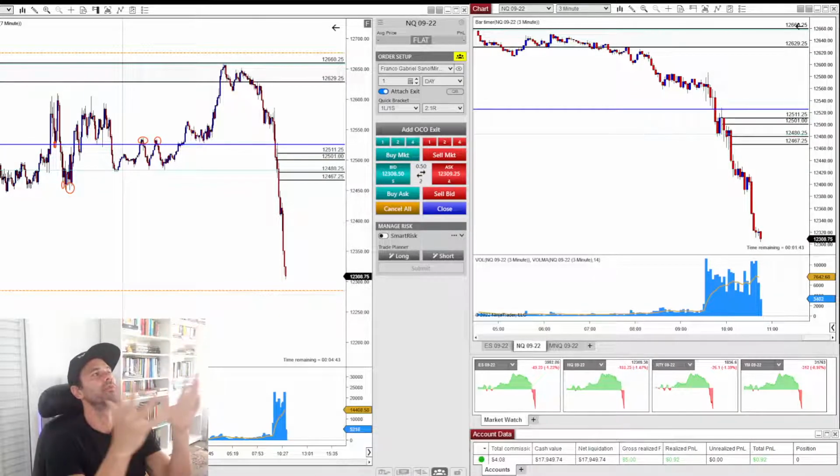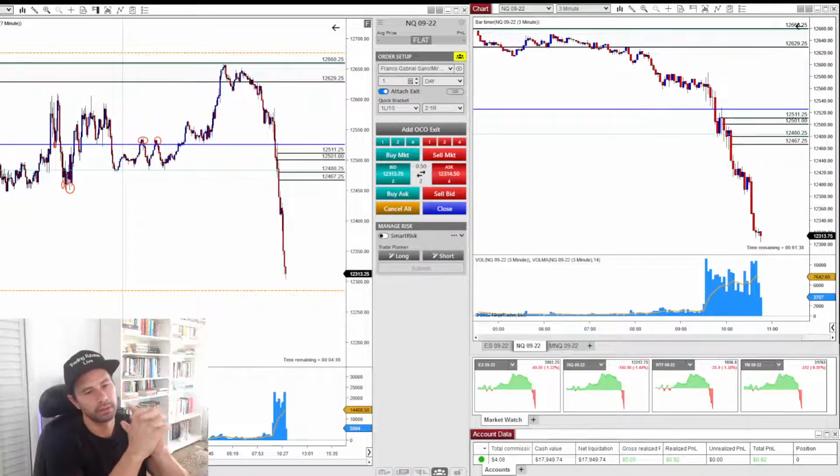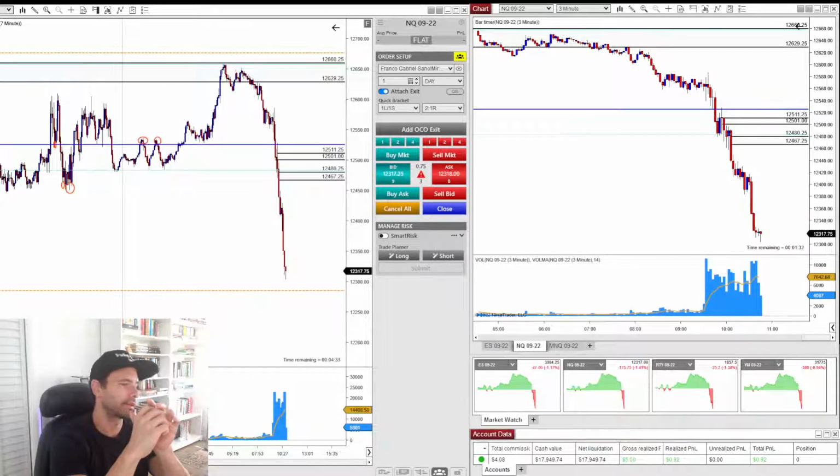Sometimes this thing moves 1.5%. I did not have one opportunity, although I did have one opportunity on my trade, I got stopped out break even, and then it worked.